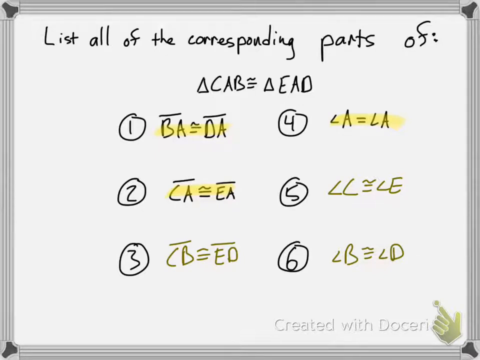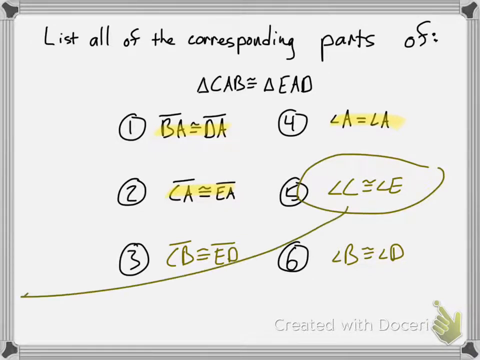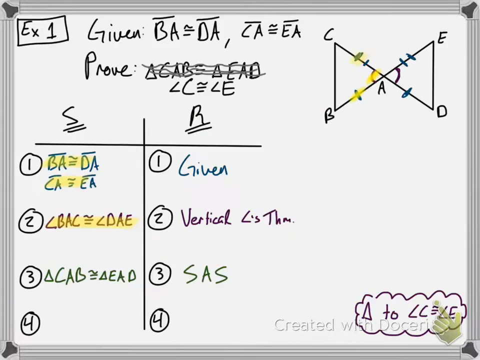So because we have proved triangles are congruent through side angle side, we can also say that not only the three pieces of information that we proved were true, all six pieces of information are true. So we are now able to take this information out, angle C is equal to angle E, and put that in our proof.